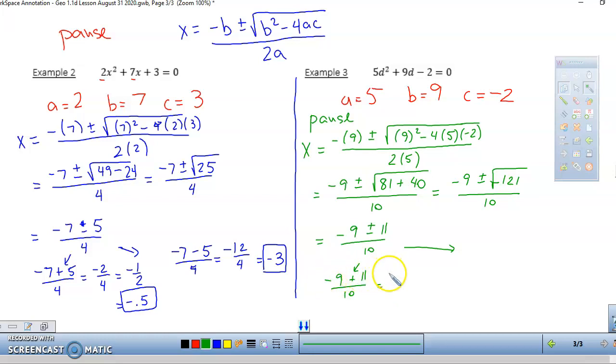So negative 9 plus 11 is 2 over 10. If you reduce the fraction, it'd be 1/5. But I will just write it as 2/10. Okay, and then negative 9 minus 11 all over 10. So negative 9 minus 11 is negative 20 divided by 10, and that is going to be negative 2.